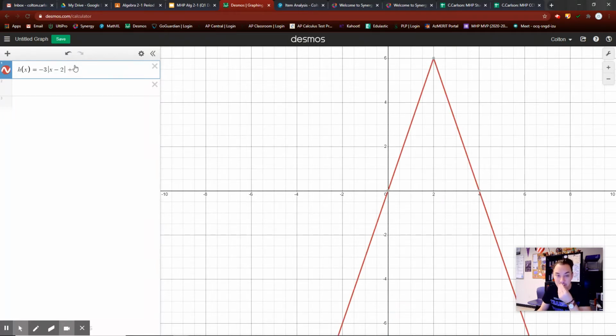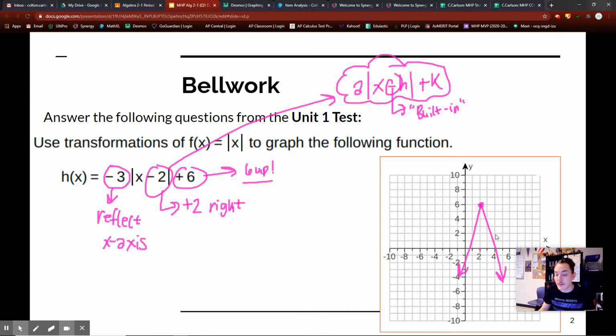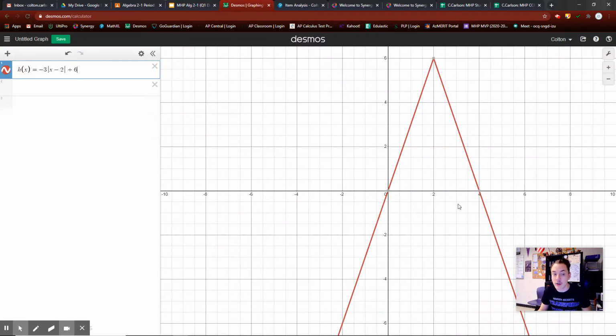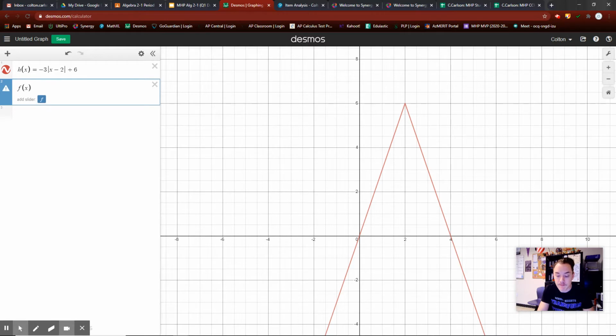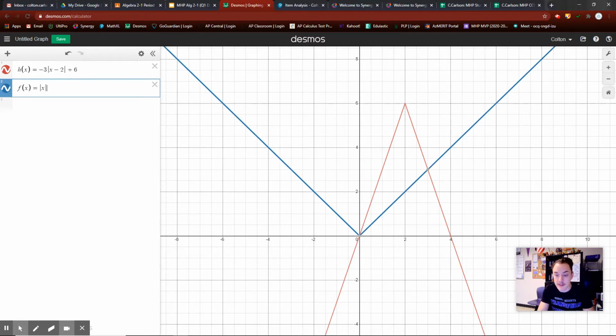Now mine's going to look a little bit different, but it's very similar. But like I said, it's A, B, C, or D. It's going to be very obvious which one it is. And this one you see right here is your parent graph function, the absolute value of x. Now this one is really fat.